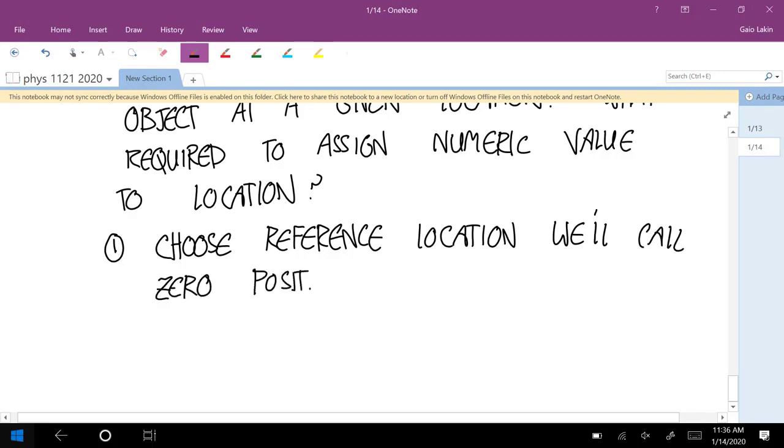That's our 0 position. That's where we're going to start measuring from.